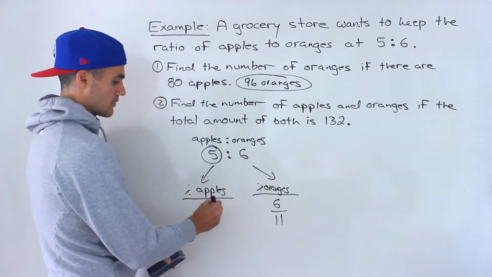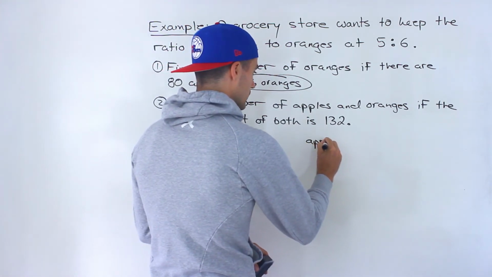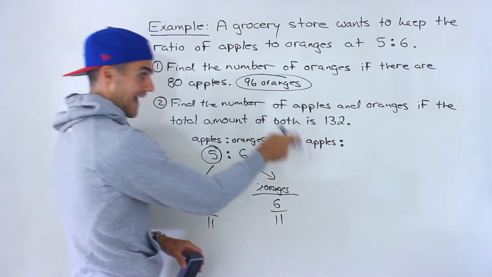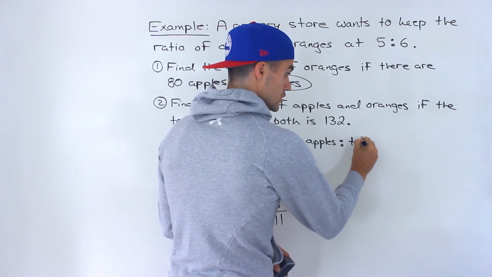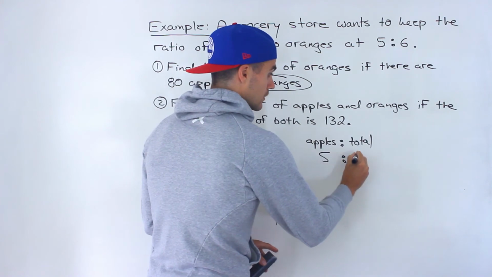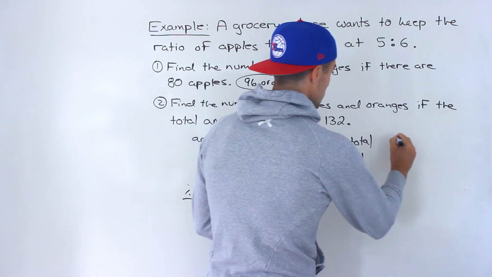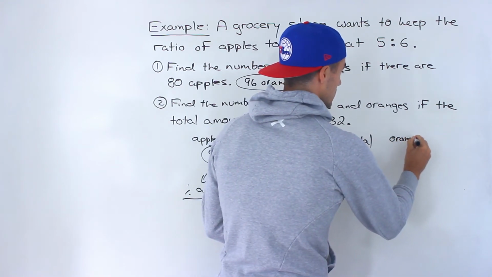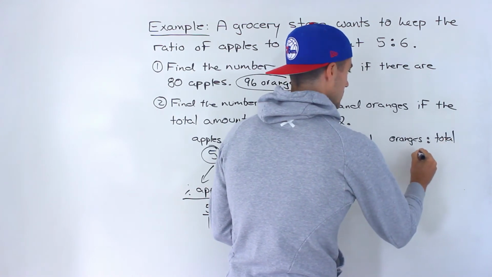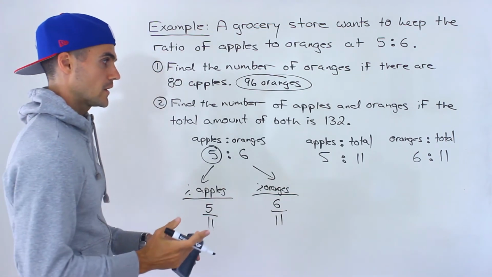What we did was convert this ratio to a ratio of apples to the total amount of fruits, which would be 5 to 11, and then we converted the oranges to total ratio, which would be 6 to 11. So that's another way to look at it.